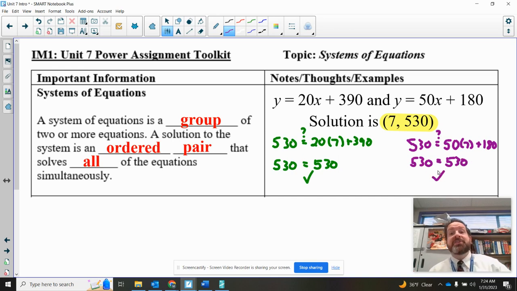This is what it means to solve a system. 7 for the x and 530 for the y is the ordered pair that gets you a true equation for brother number 1 and a true equation for brother number 2. For the rest of this unit, we're going to focus on different methods to solve these systems and how to write the equations ourselves.